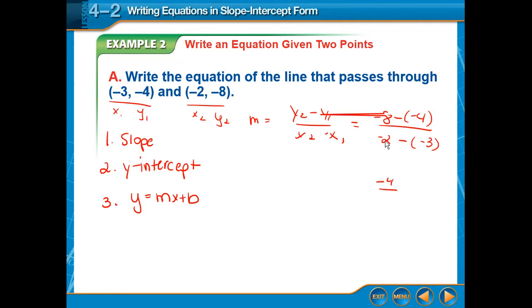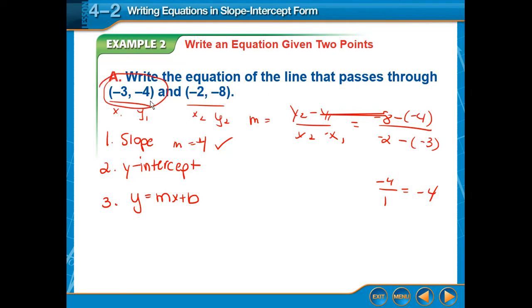And -2 plus 3 is going to be 1. So my slope is -4. Okay, so we got part 1. Part 2 is to find the y-intercept. So we're doing the same thing we did last time, except we're just going to pick one of the 2 points. So I'm going to say we're going to use this one.